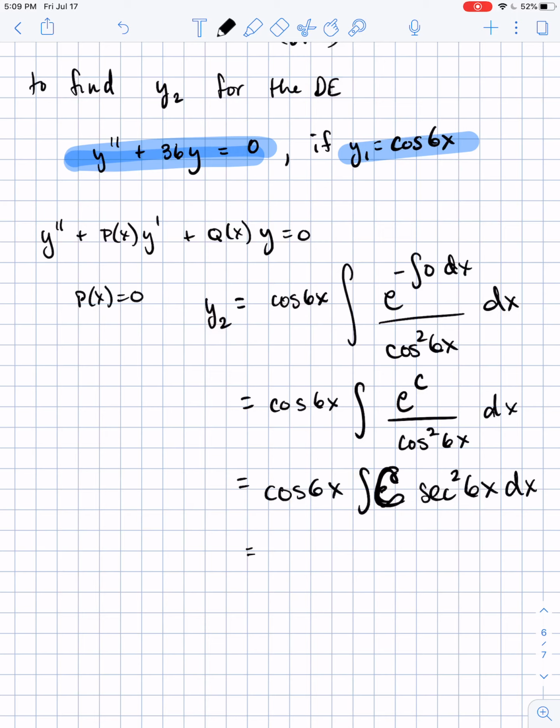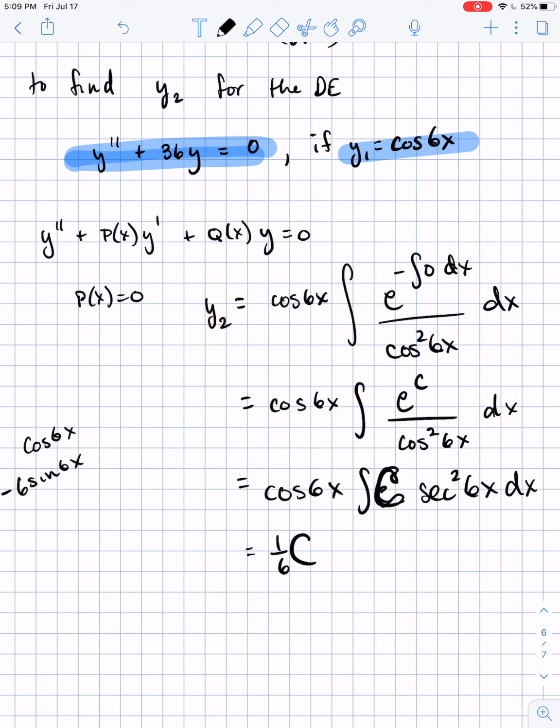Okay, but what do you do with that 6? If you're thinking of what's the derivative of cosine 6x, right? You would get negative 6 sine 6x, right? So you need a factor of 1/6. So I'm going to get 1/6 on the outside, right?